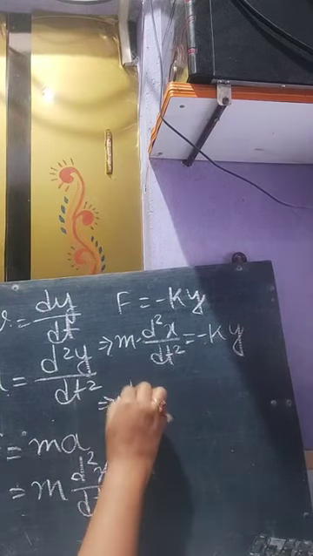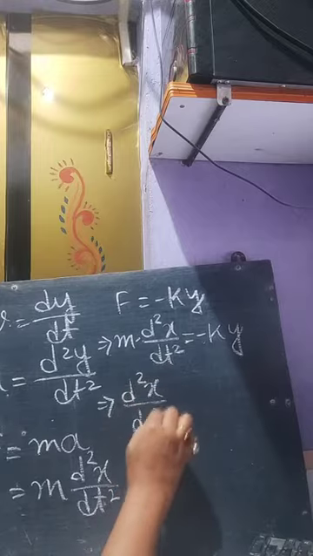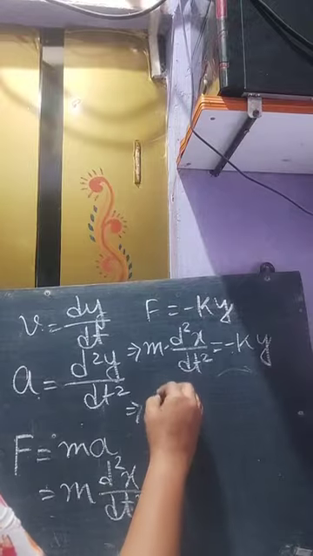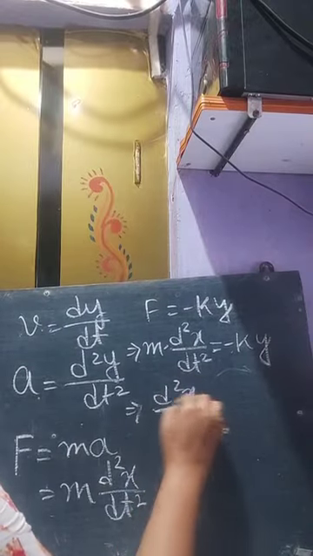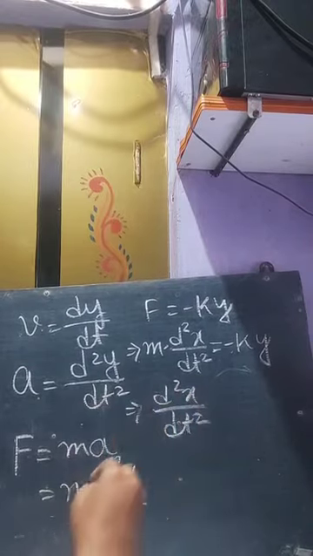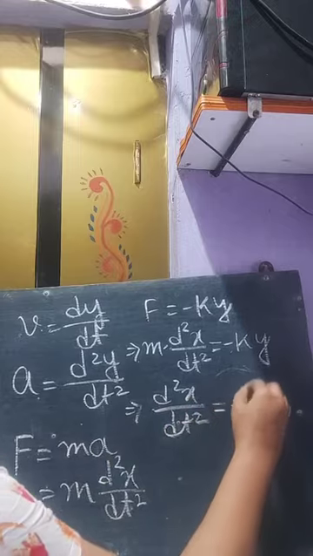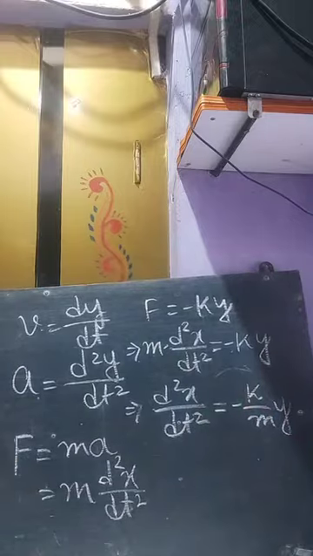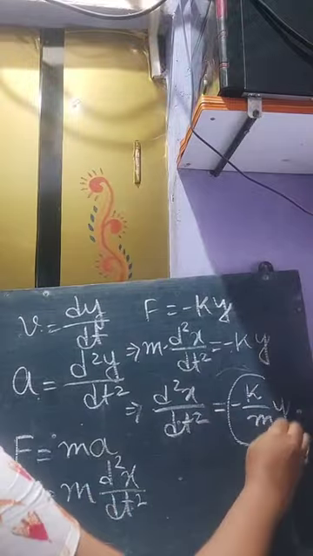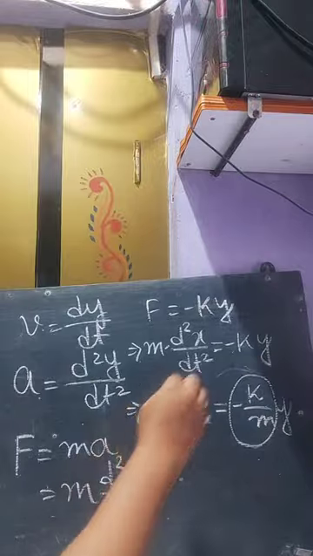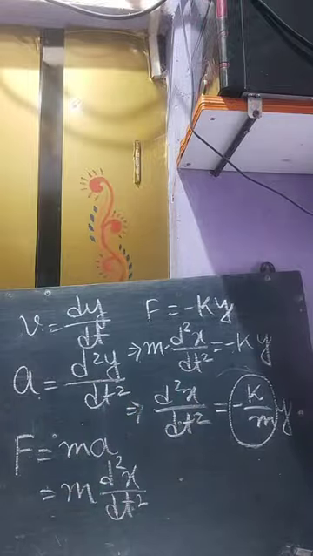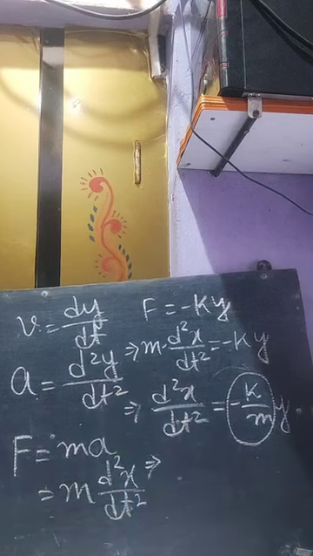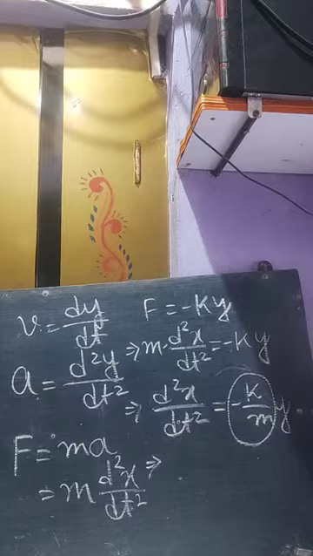Or d2x/dt squared equals minus k by m into y. So this k by m is the constant, and this is the acceleration. Therefore, acceleration is directly proportional to y, that is, displacement, right?